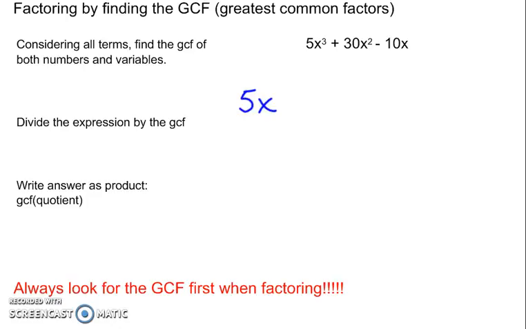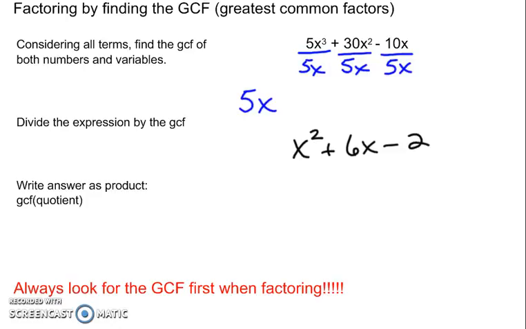So if we divide the expression by the GCF of 5x, we're going to be left with x squared plus 6x minus 2.